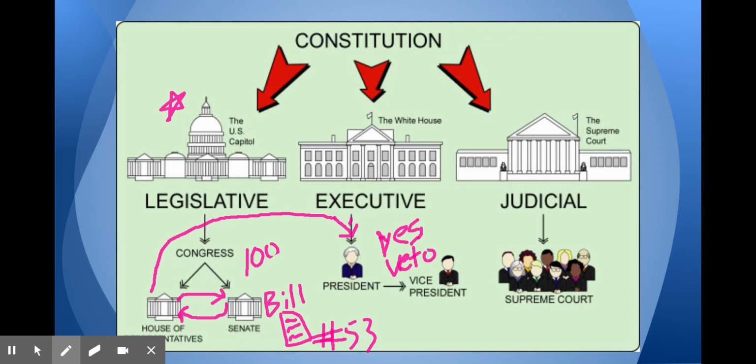So let's say if he says yes, guess what? Goes over here. The judicial branch reviews it. Usually this process is very quick. And then the Supreme Court justices will review it. Is it constitutional?